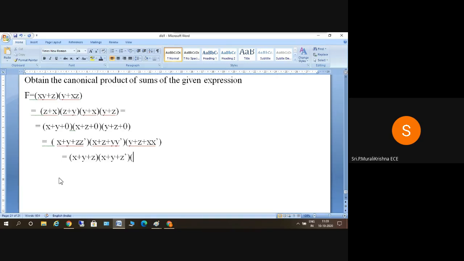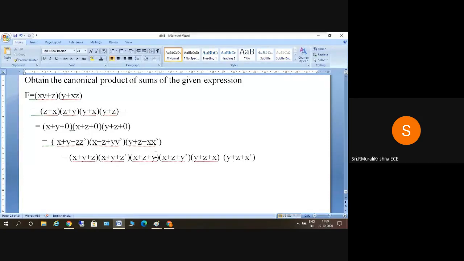In a similar way, the second one is x plus z plus y and x plus z plus y bar, and y plus z plus x, y plus z plus x bar.